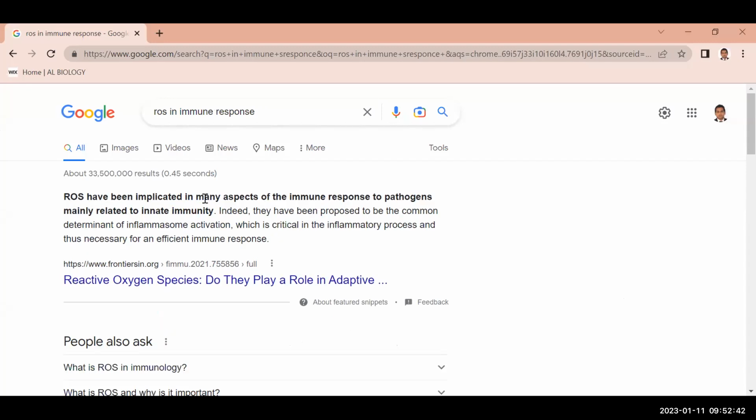ROS have been implicated in many aspects of immune response to pathogen, mainly related to innate immunity. Indeed, they have been proposed to be the common determinant of inflammasome activation, which is critical in the inflammation process and necessary for efficient immune response.